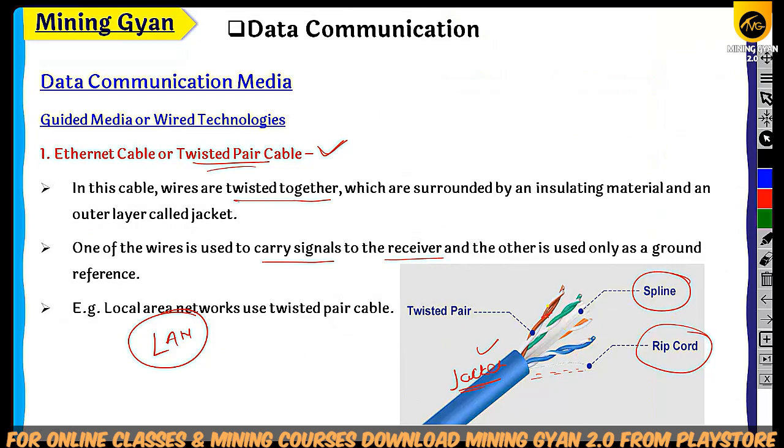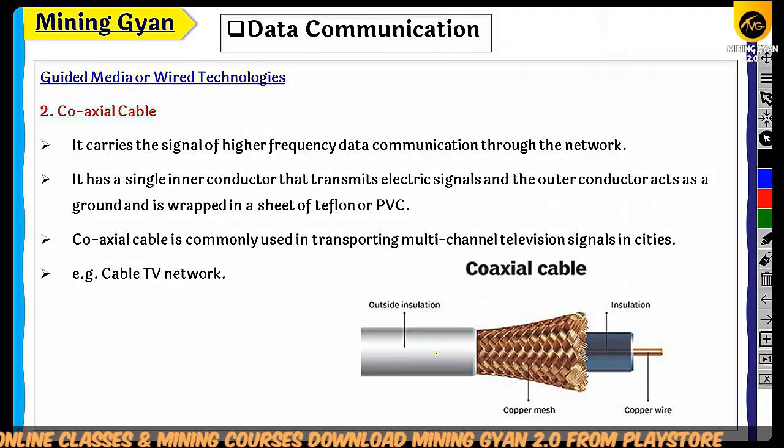And the ripcord is used for removing the coat; the outer layer is called the jacket, so the ripcord is used to remove the jacket easily. So these are the important things used in the Ethernet cable or twisted pair cable, which is the first type of guided media or wire technology. Now the second one is the coaxial cable.